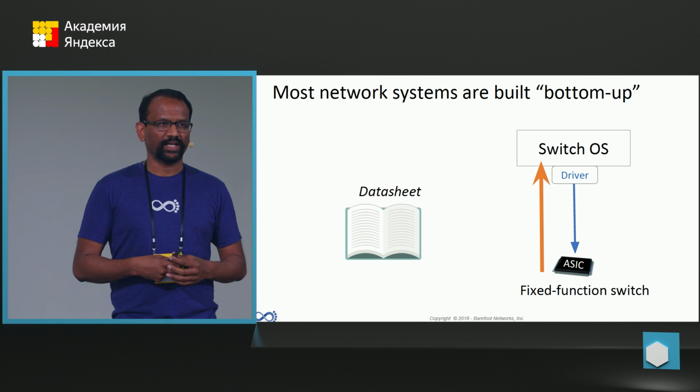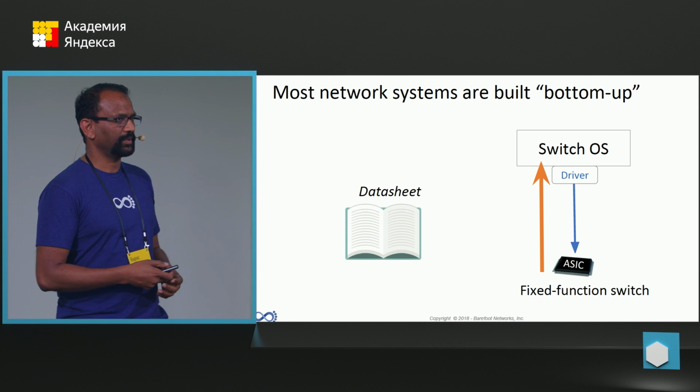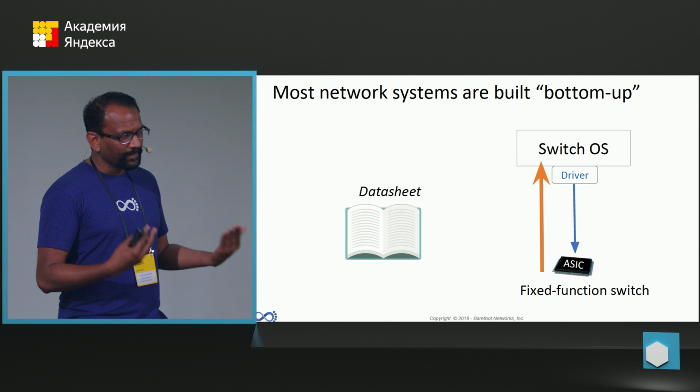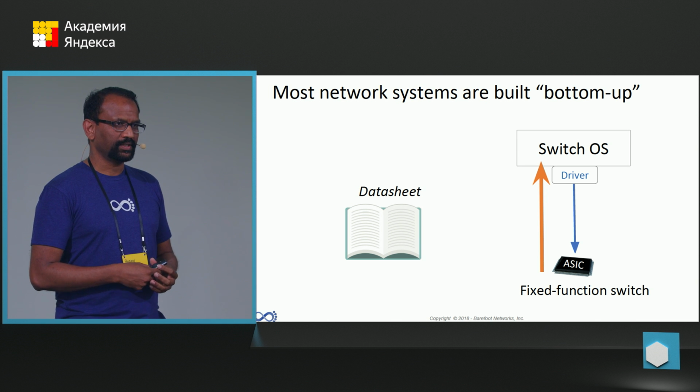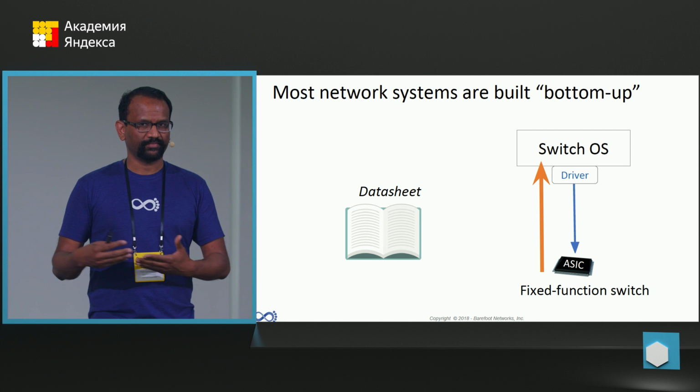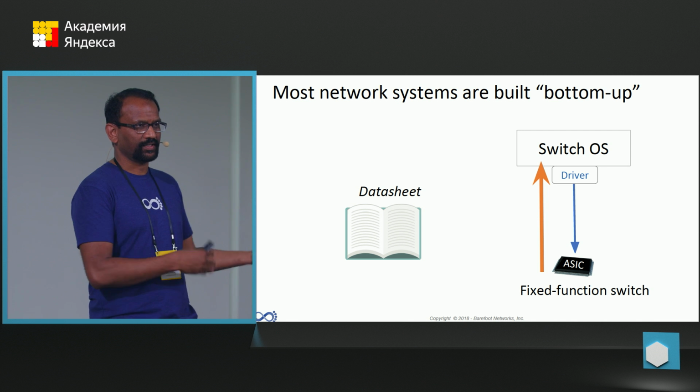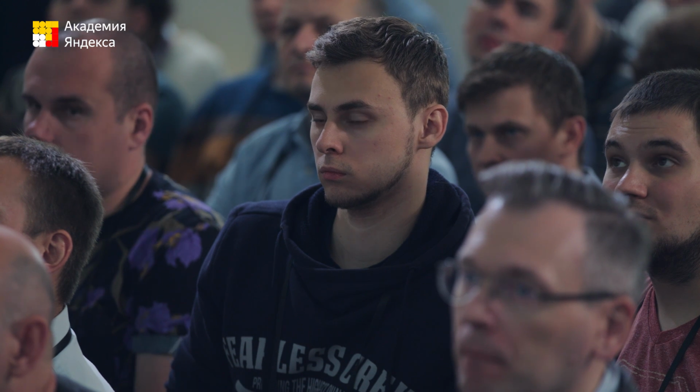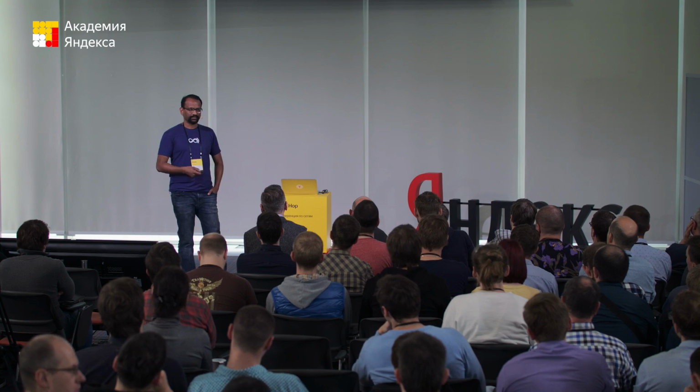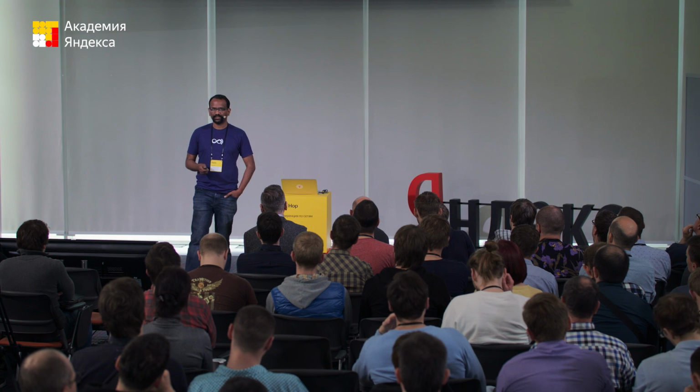But when you build systems using fixed function ASICs, you have to start from the bottom. You have to understand what features that switch chip supports, and then go build your control plane. So let's say you're building a network, and you want a feature X, and that feature X is not supported in your fixed function ASIC. Bad luck. You have to wait for the next rev of the silicon.